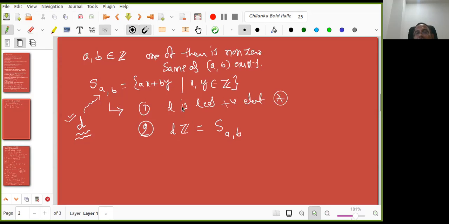So there exist u and v such that D = Au + Bv. Now if I take any element y in DZ, y is of the form D times k, but D is Au + Bv, so y is also of the form A times something plus B times something. So this is a subset of this. That is easy to see.